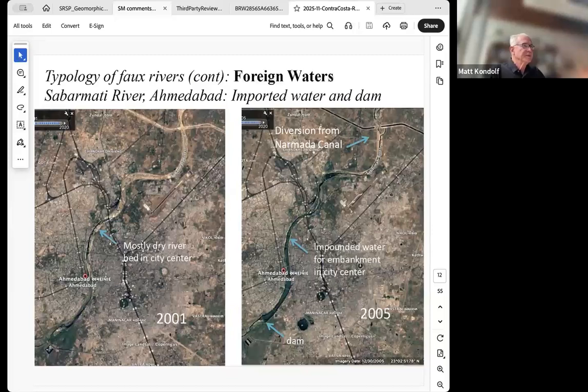What did they do? So here's the Sabarmati River flowing through the center of Ahmedabad. And this is what it naturally looks like. In most of the year, it's a mostly dry riverbed with a small channel going through.